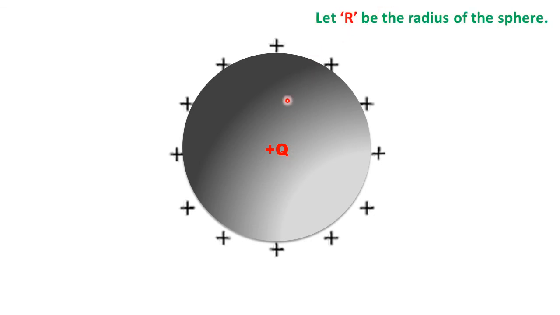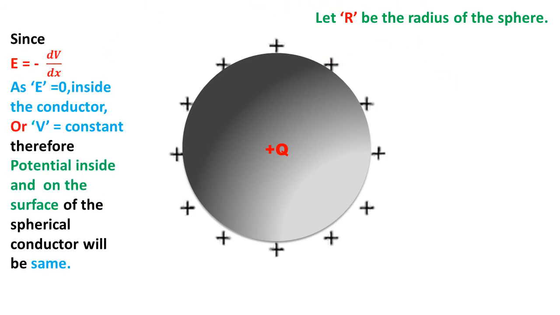Radius of this spherical conductor is R. We have to find its capacitance. It is actually a conductor, assumed to be a capacitor whose other plate is kept at infinity. Now we have seen in the first chapter of electrostatics that electric field intensity is the negative gradient of electric potential, meaning dV by dx.